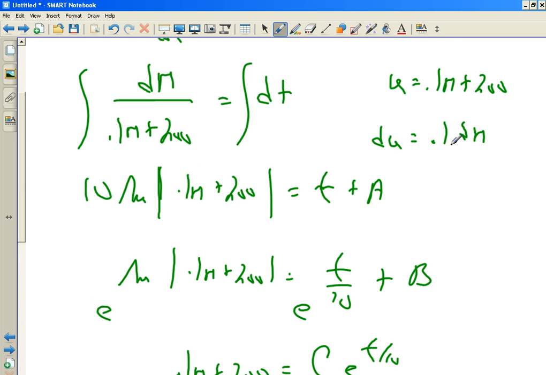Well, because du was 1/10 of dm. So we're replacing dm with 10 du's. I'm trying to replace dm with stuff and u. That's how we do u sub always. Well, if this is 1/10, how do you get rid of 1/10? You multiply by 10. So this is really 10 du's.